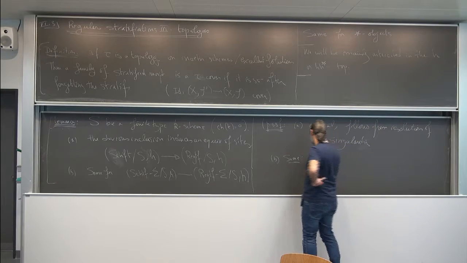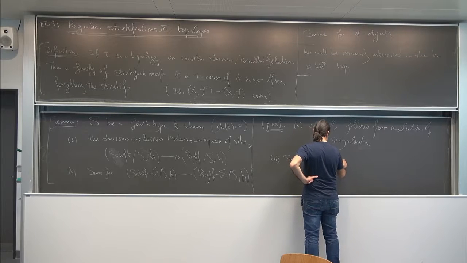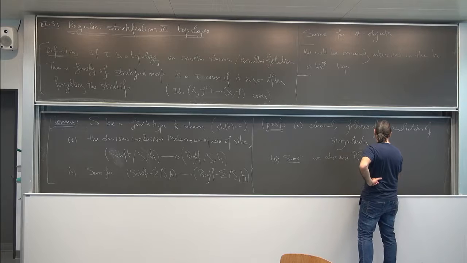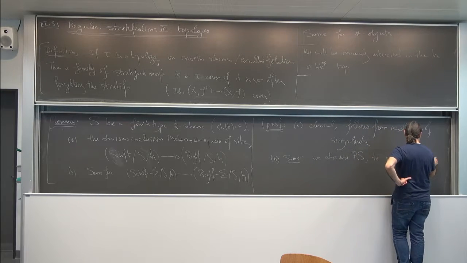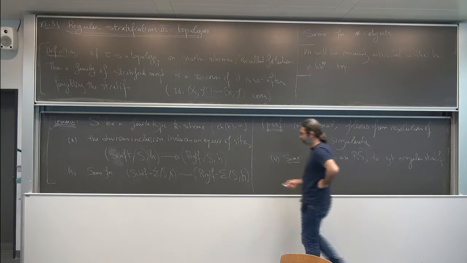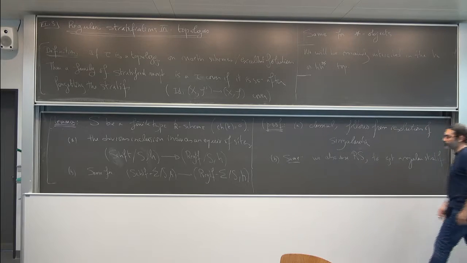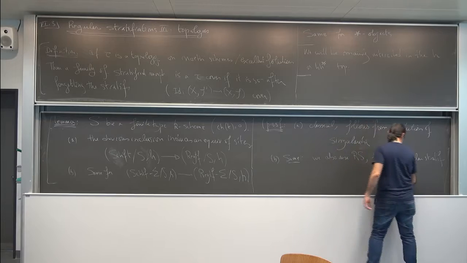So we also use resolution of singularities to get a regular stratification. But it's the same thing: the fact that you can cover for the H topology anything by something which is regular.